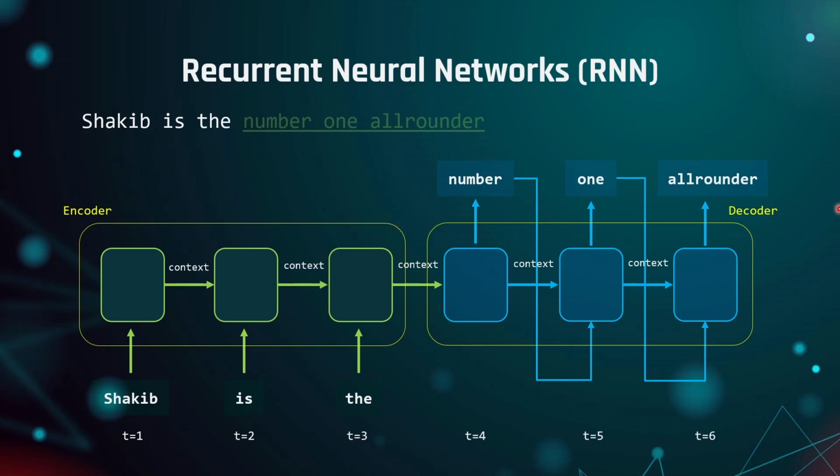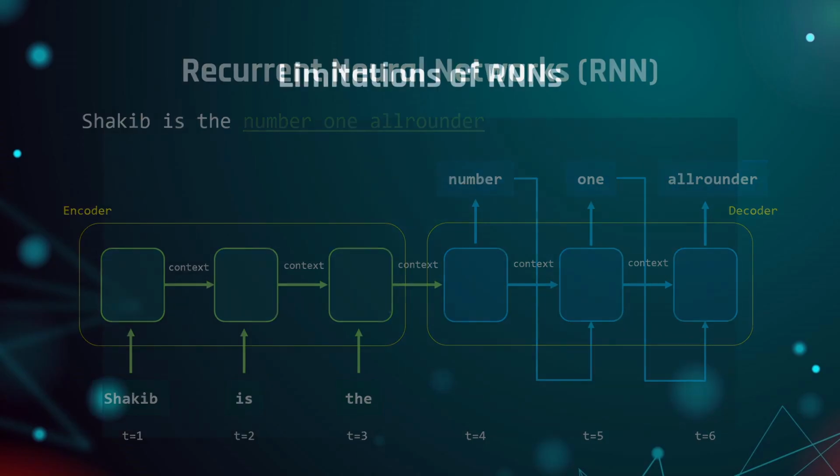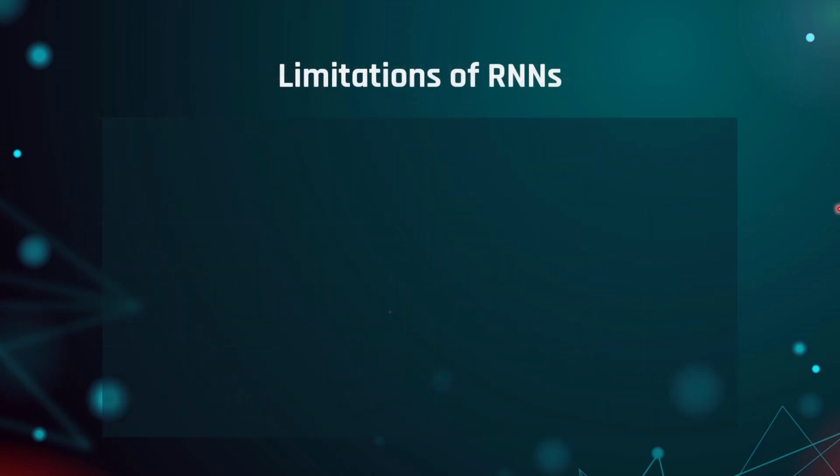So with that said, there are some limitations of sequence to sequence models. The first limitation of seq to seq models like RNNs is they cannot deal with long range dependencies.